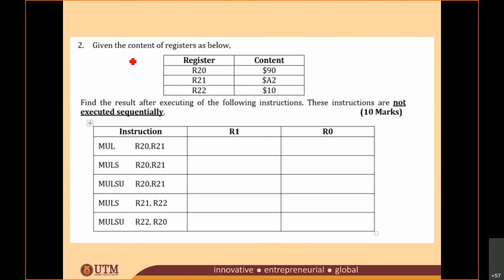Given the content of the register below, given that R20, R21, and R22 are 90, 82, and 10, you're going to find the result after executing the following instructions. These instructions are not executed sequentially, which means that every time you do this multiplication, you need to take back the initial value from above. I give you 10 minutes. After that, we discuss the answer. Can?